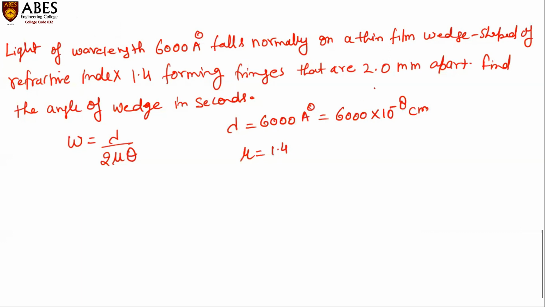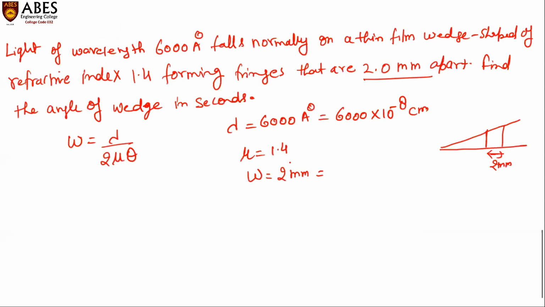The fringes are 2 mm apart, which means suppose this fringe is the nth fringe and this one is the n plus 1th fringe. The distance between these two fringes is 2 mm, which is the fringe width. That means omega is equal to 2 mm.